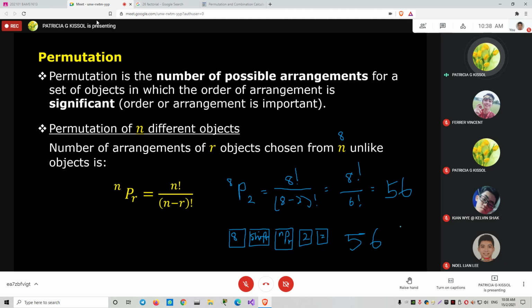You don't know who yet. How many ways can you choose? So 30 permute 2, and that would be 870.